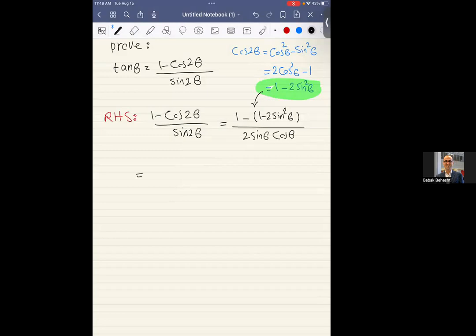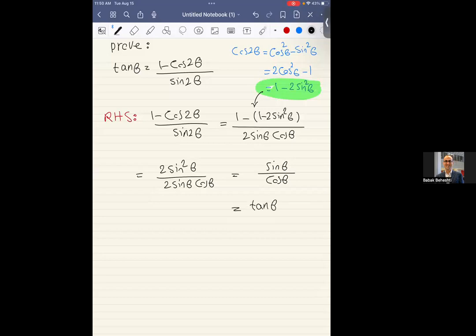So on the top, 1 minus (1 minus 2 sine squared) is just 2 sine squared, divided by 2 sine theta cosine theta, which is equal to 2 sine theta over... the 2s also cancel each other out. So you get sine theta divided by cosine theta, which is equal to tangent theta.